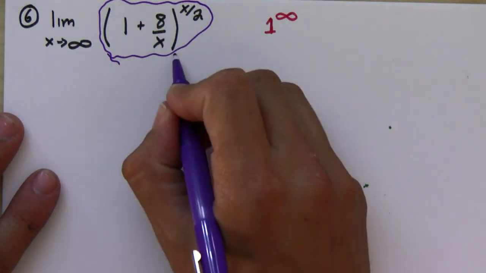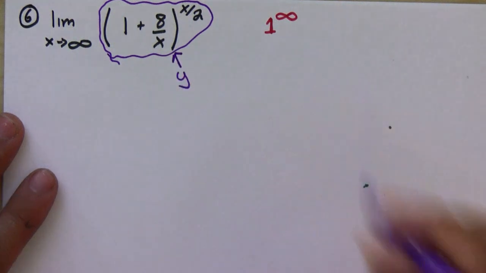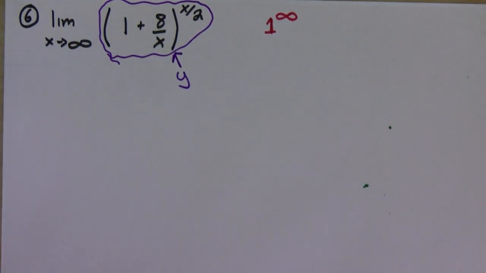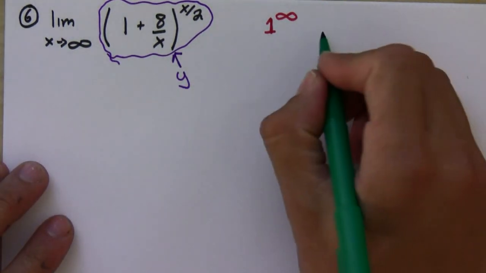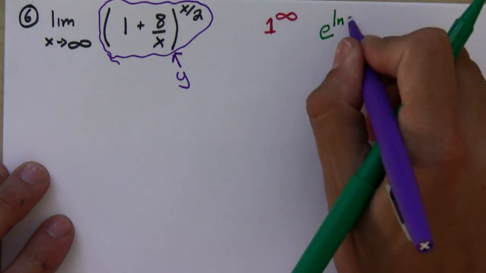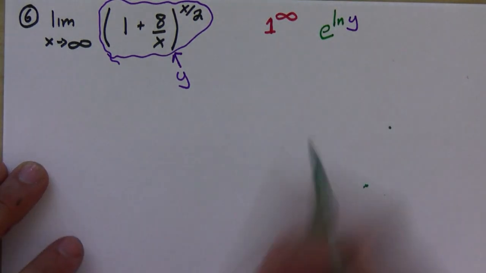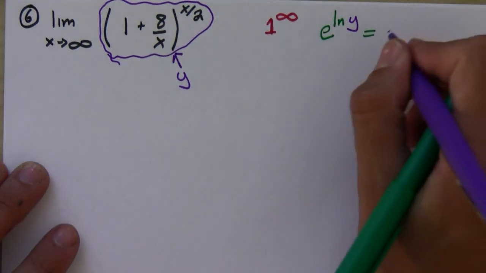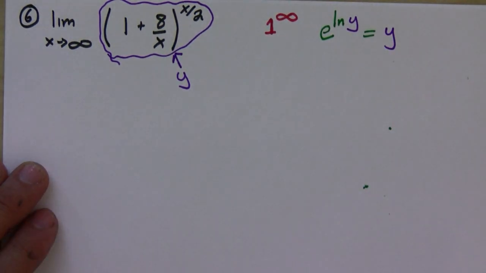Here we're going to call this guy y, and remember that e to the natural log of y is equal to y by the properties of logarithms.